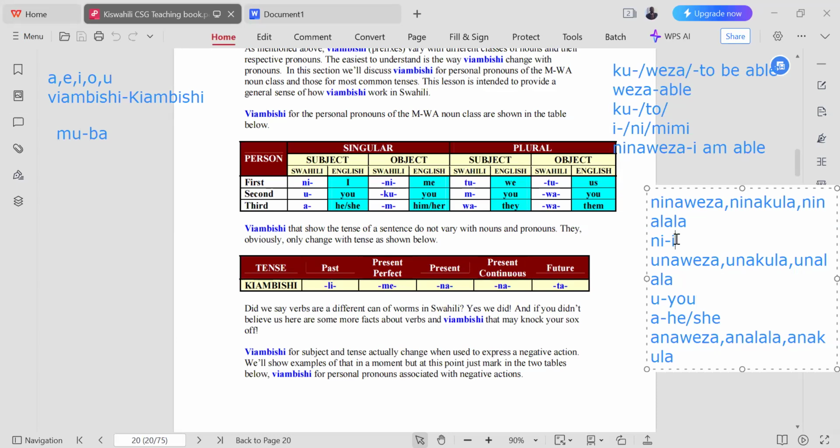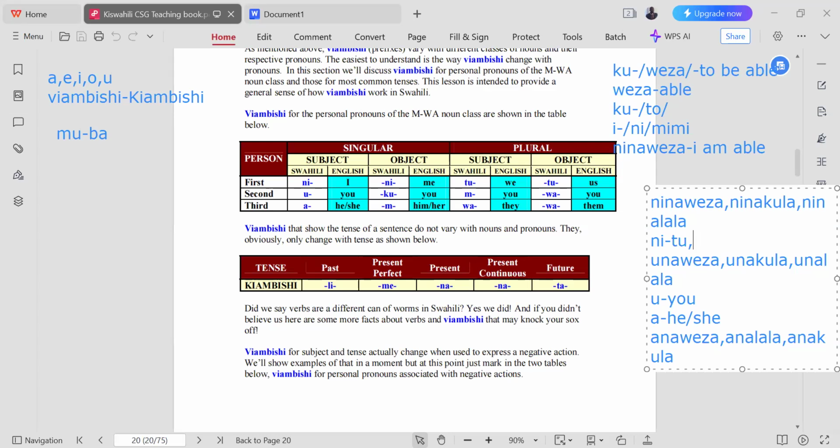The next one will be tunakula, and then tunalala. So that's what it will be in the plural aspect. So ni is in the singular aspect, but tu now is in the plural.